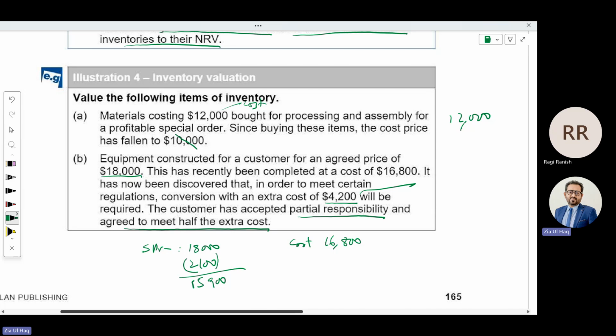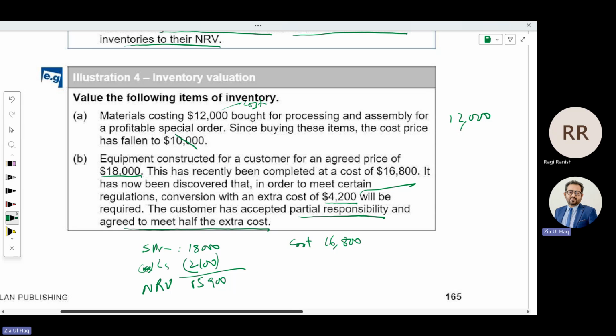But from these 4,200, you will pay 2,100. Selling price less cost to sell is your NRV.